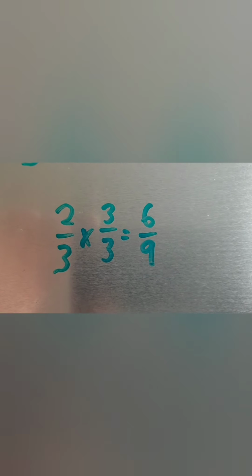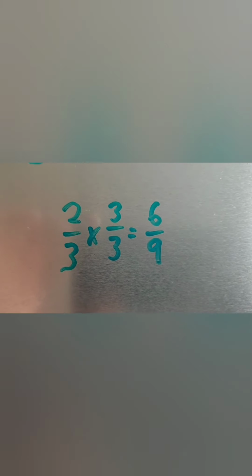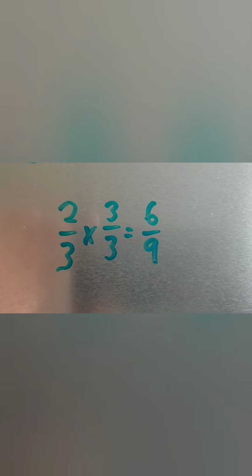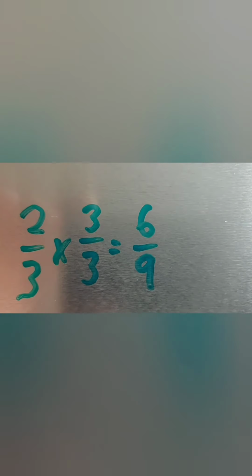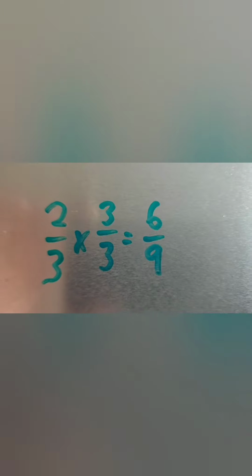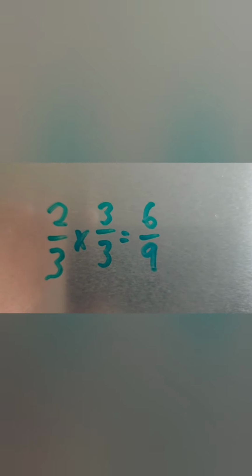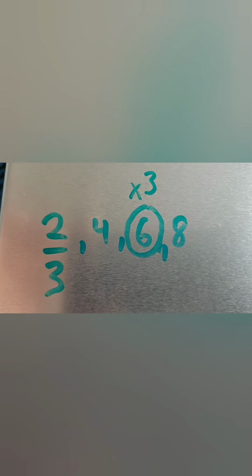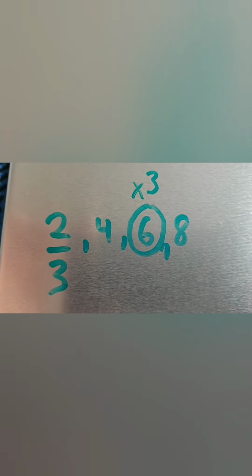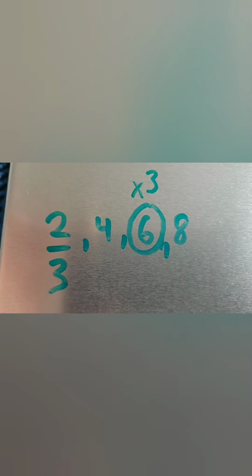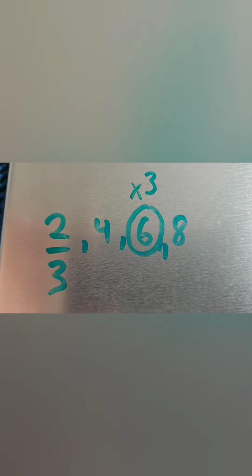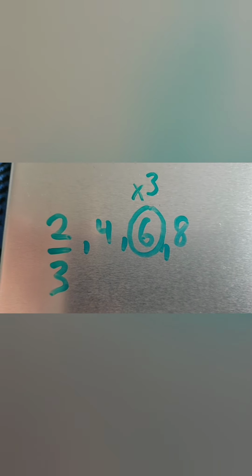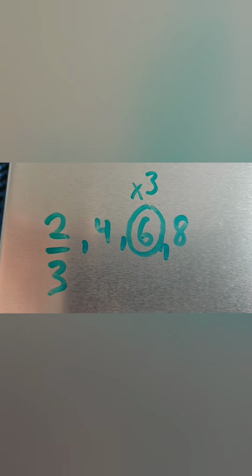Whenever we multiply a fraction by another fraction with the same numerator and denominator, like 3/3, we get an equivalent fraction. But we knew to multiply by 3/3 because we were looking for a common numerator of 6, and we figured out that we needed to multiply the numerator 2 times 3 to come up with an equivalent fraction with a numerator of 6.